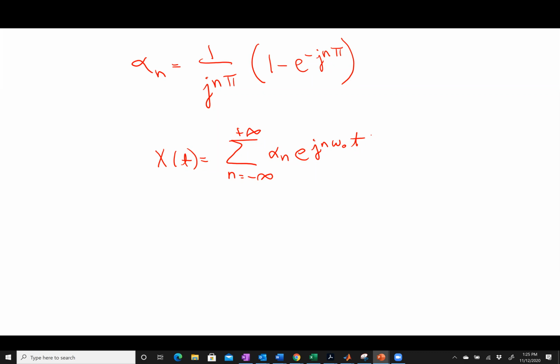How do I do the Fourier series code-wise? If I want to draw that x of t, what's it going to take? A for loop.